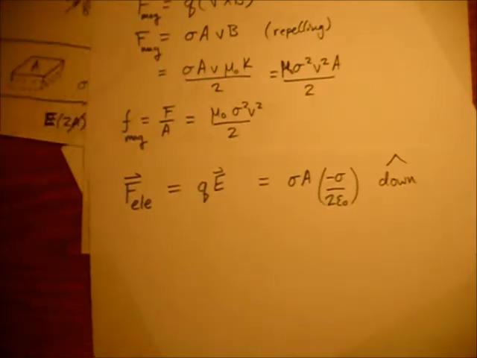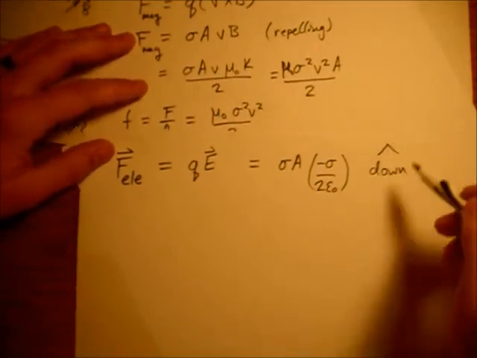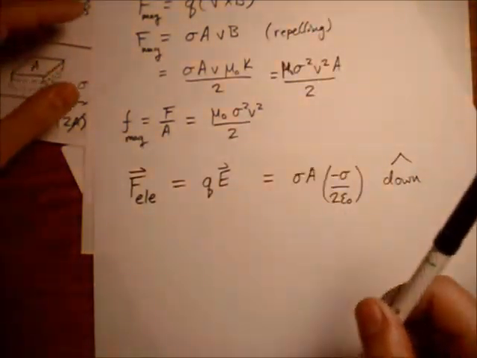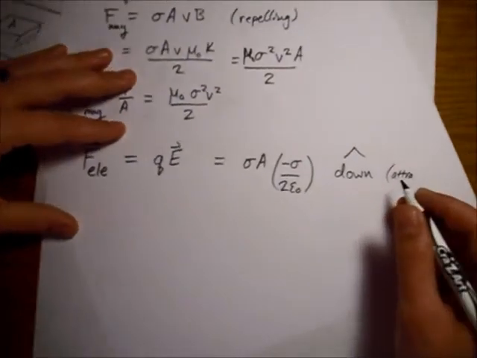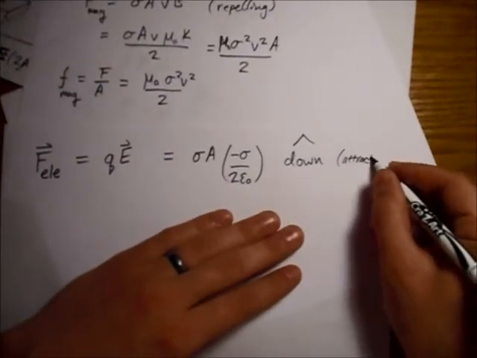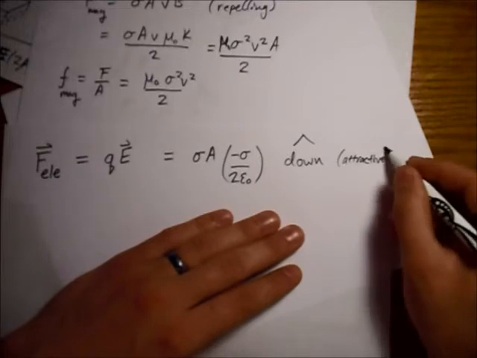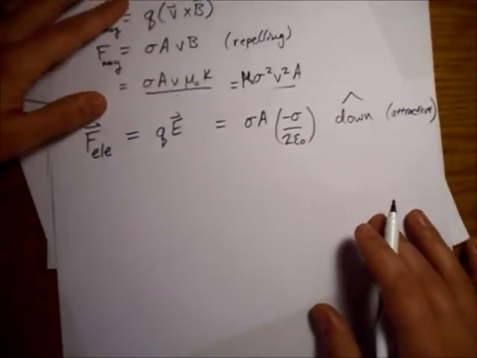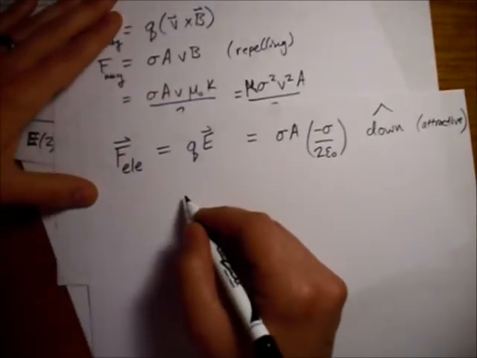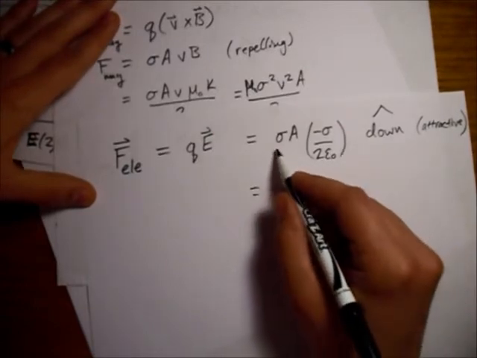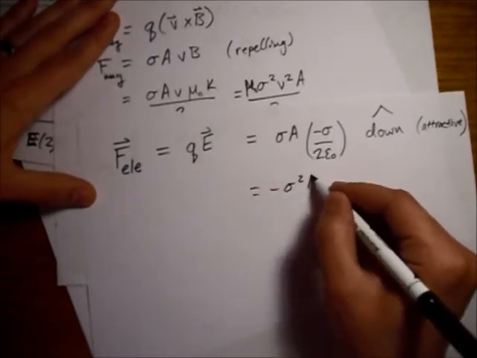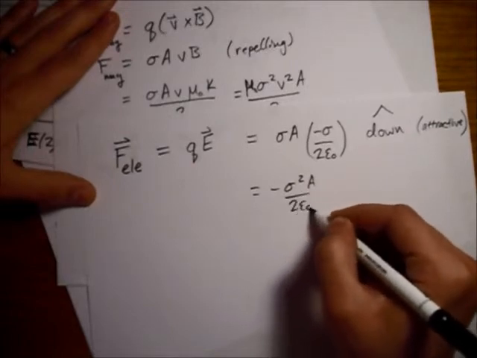We could have called it z or minus z or whatever we wanted. Let's just say down, meaning attractive. So this is equal to minus sigma squared A over 2 epsilon naught.